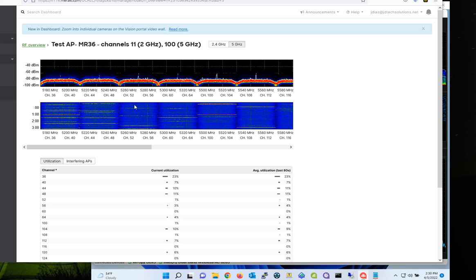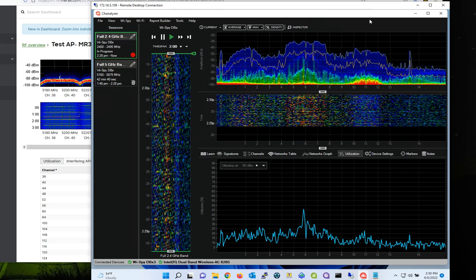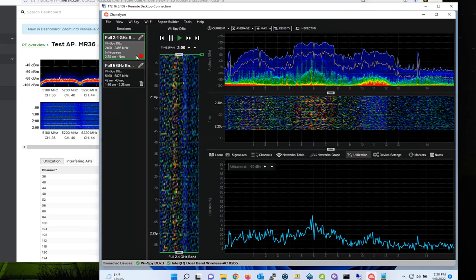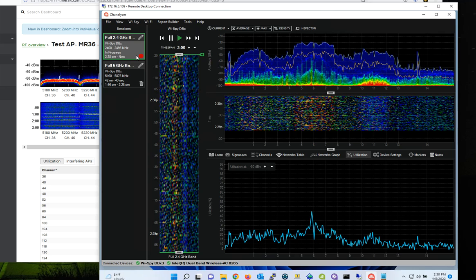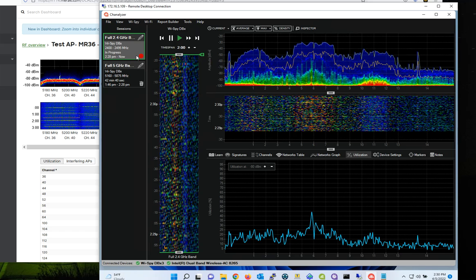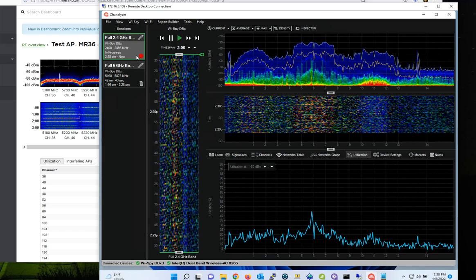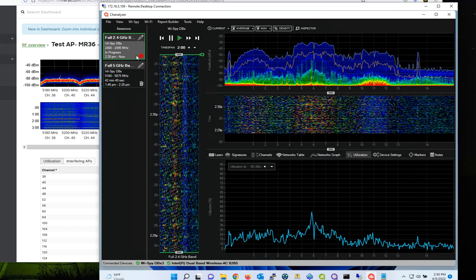The reason for that is because the algorithms that, in this case, Meraki uses to measure the amount of signal that is considered interference are different from the algorithms that Channelizer uses to measure signal that is considered interference. But don't get caught up in why one shows more interference than the other.